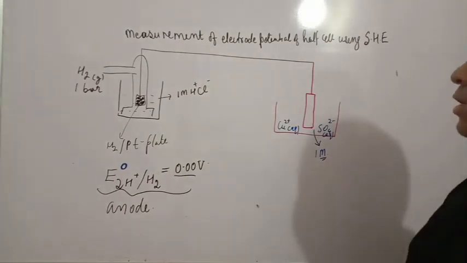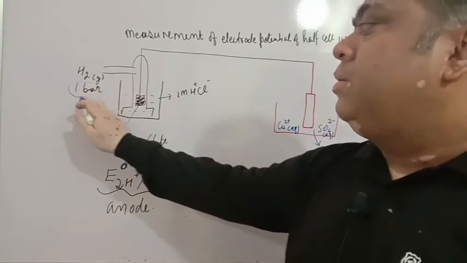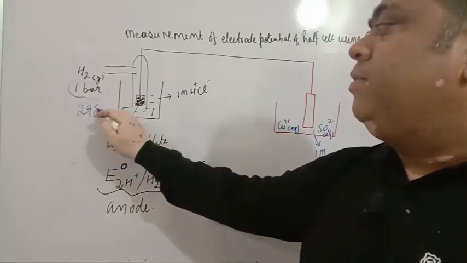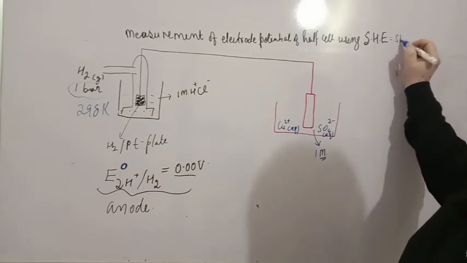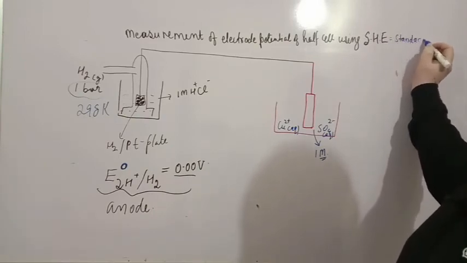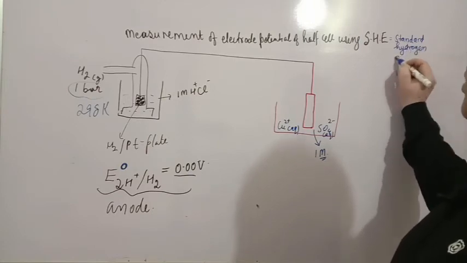The standard hydrogen electrode is set up at 1 bar pressure and 298 Kelvin, and hence it is called the standard hydrogen electrode.